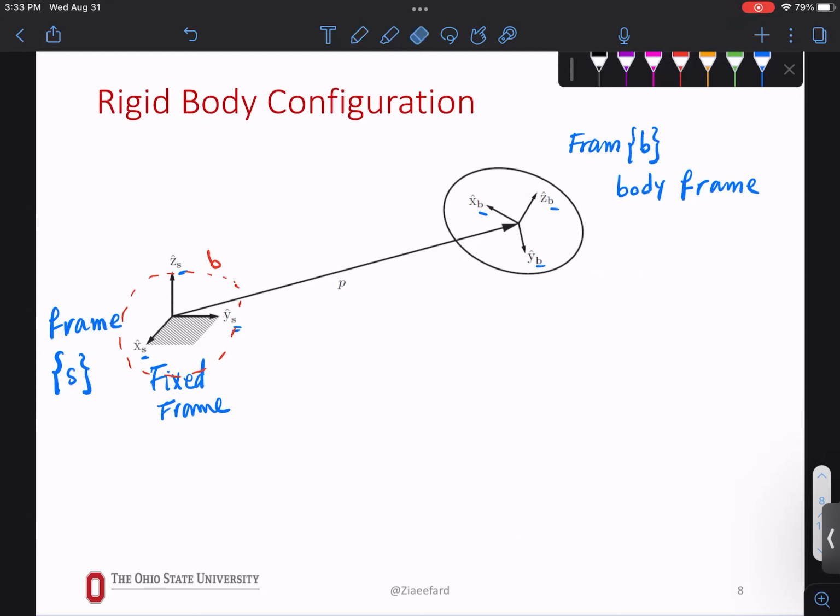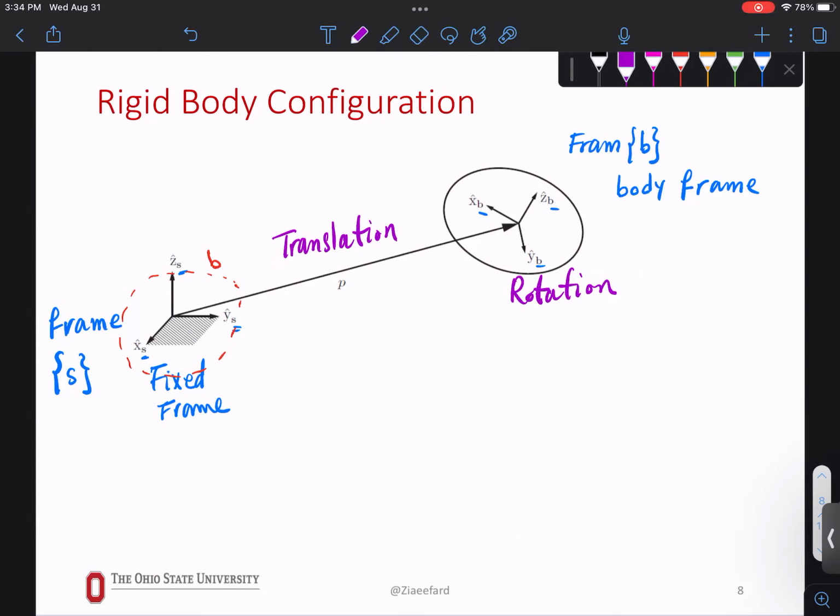So translation P happened and rotation happened here. Now this P translation could be in all 3 axes, X, Y, Z. It could be just along X or Y. Here it is probably about all 3 of them, but I don't know. We need to know where exactly that position is.